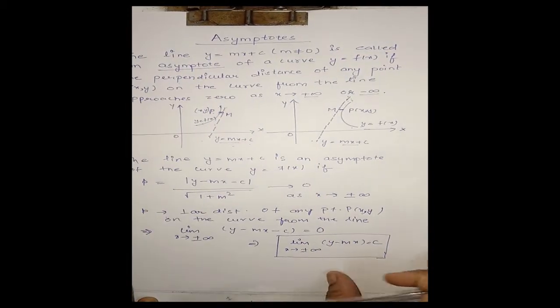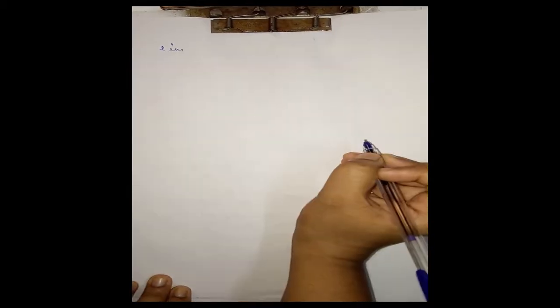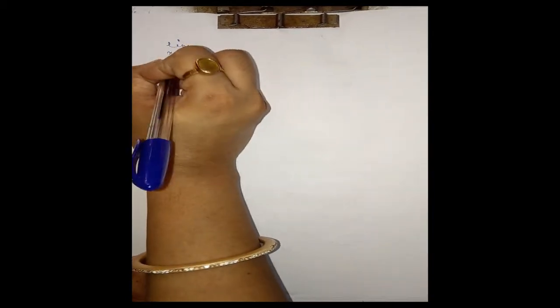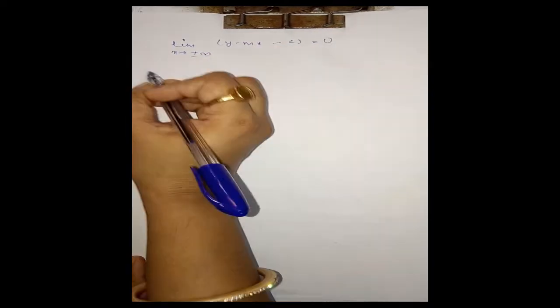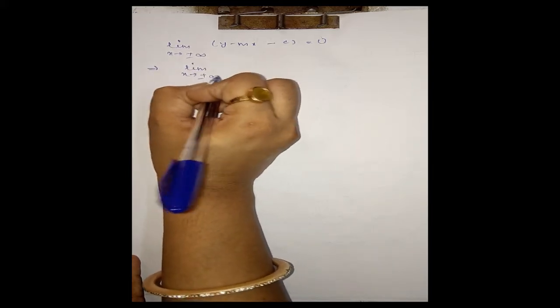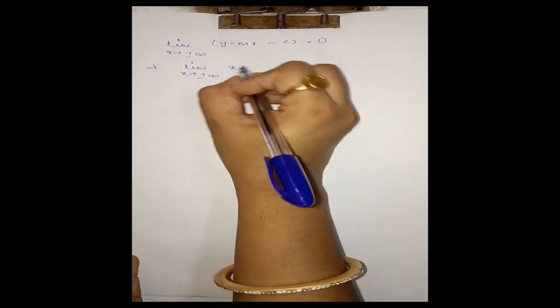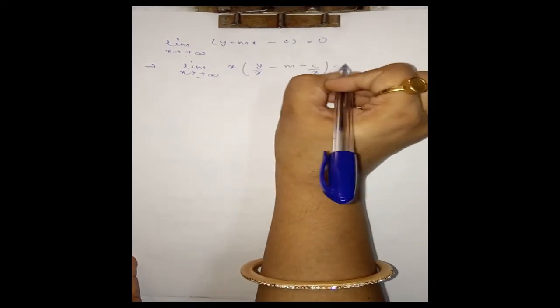Also we have the limit as x tends to plus or minus infinity of y minus mx minus c is equal to 0, which can also be written as the limit as x tends to plus or minus infinity, taking x common here, of y by x minus m minus c by x is equal to 0.